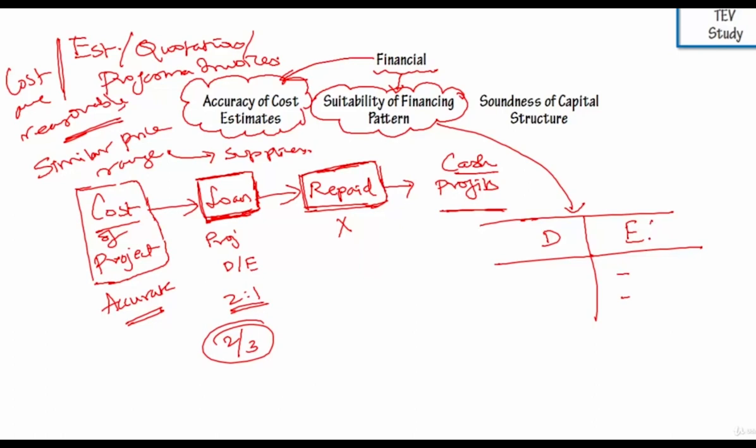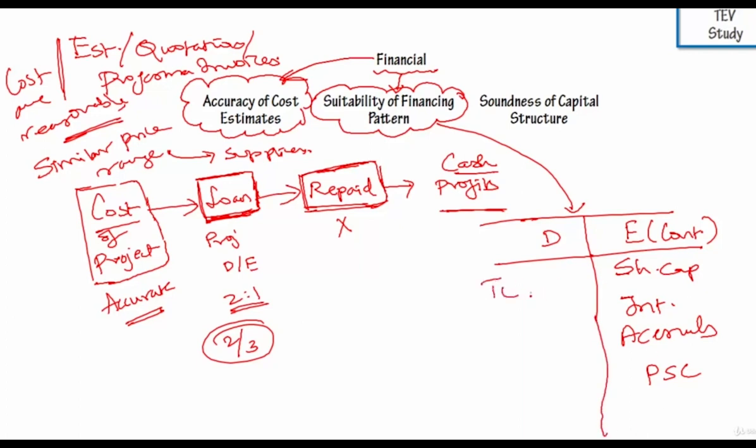I mean equity in the sense of the contribution: how much is going to come from share capital, how much from internal accruals, how much from preference share capital. And in debt, how much is from a term loan from your bank, a term loan from another bank, are they raising any debentures, any unsecured loan, and whether this financing pattern is okay.